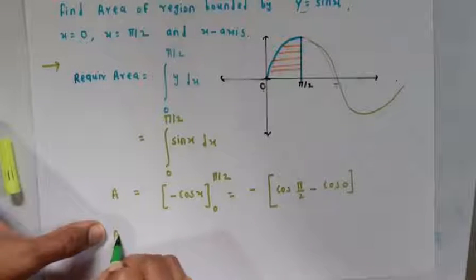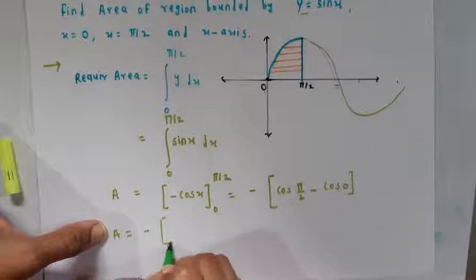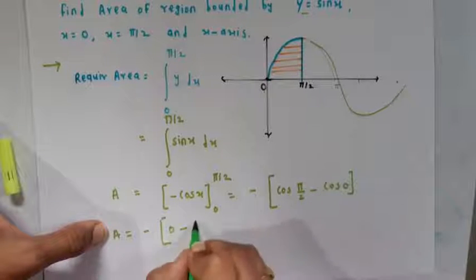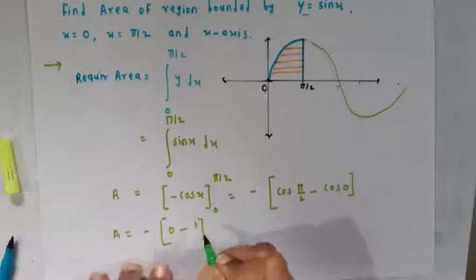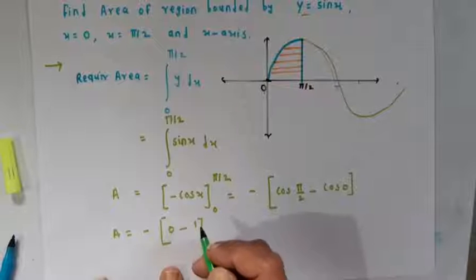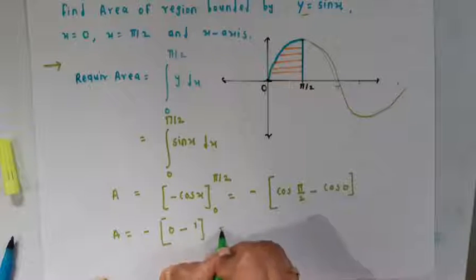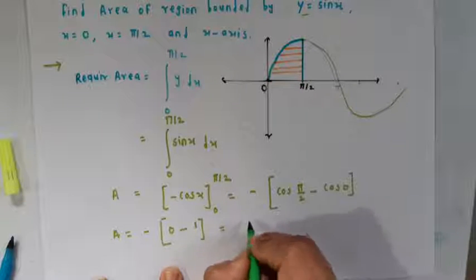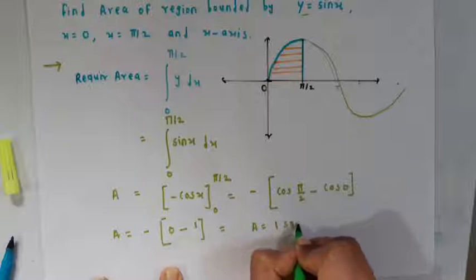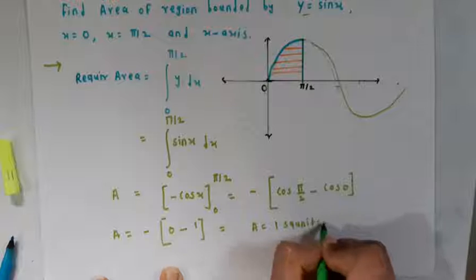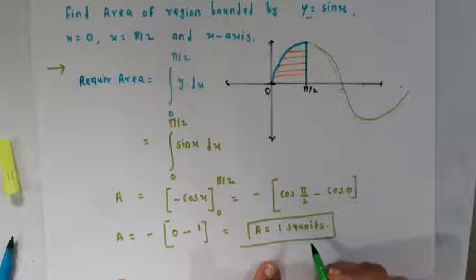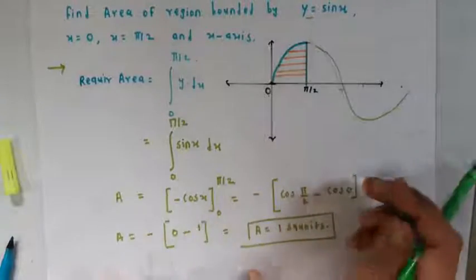And you know that cos pi by 2 is 0, and minus cos 0 is minus 1, and minus minus is plus 1. And this is the area, that is area A equal to 1 square unit. Don't forget to give the units. 1 square unit is the required area.